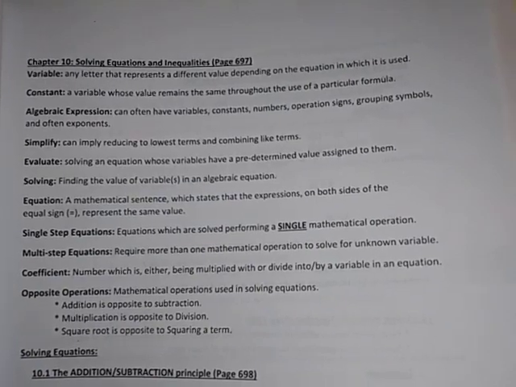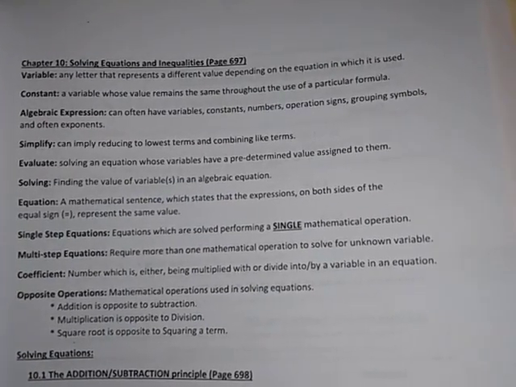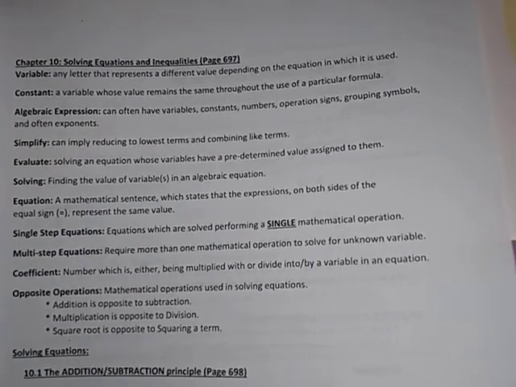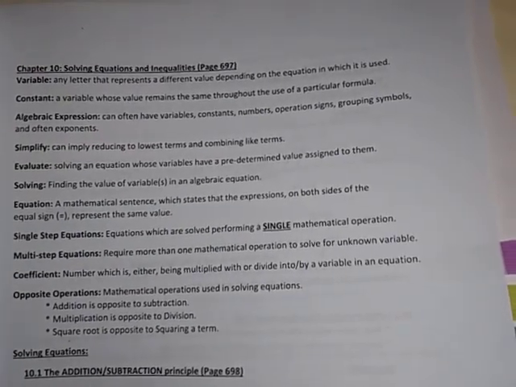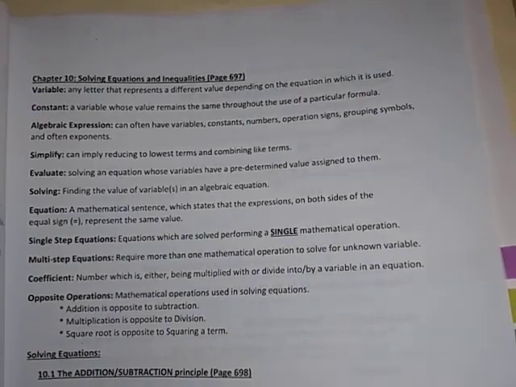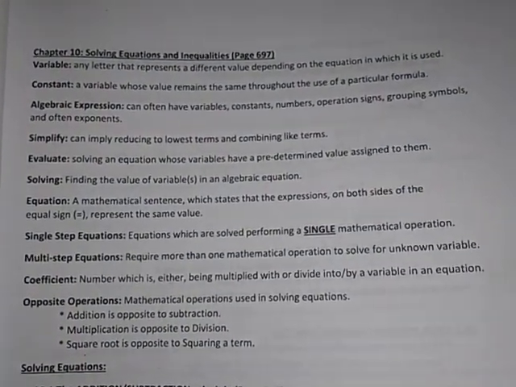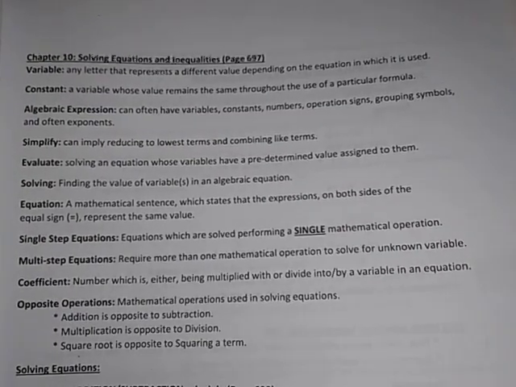Definition of an algebraic expression. An algebraic expression can often have variables, constants, numbers, operation signs, grouping symbols, and often exponents. The concept of simplifying can imply reducing to lowest terms and combining like terms.